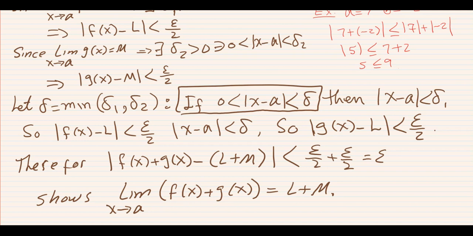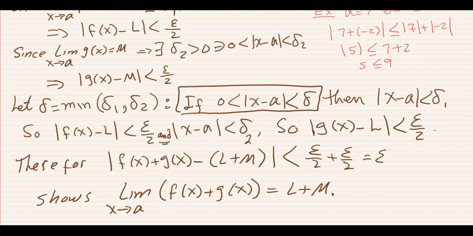So f of x minus L is less than epsilon over 2, because the limit of f of x was defined. And then I need to put an AND statement here. And we know that the absolute value of x minus a is less than, actually this should be delta 2, because now we're looking at g of x. So that this is true.